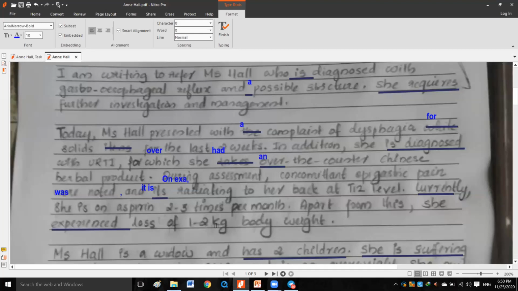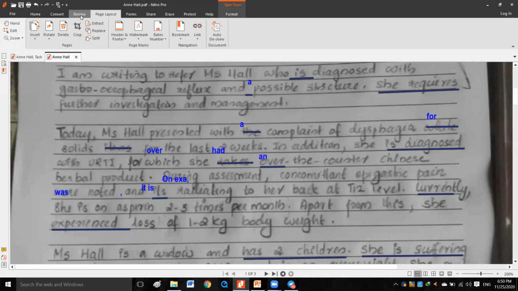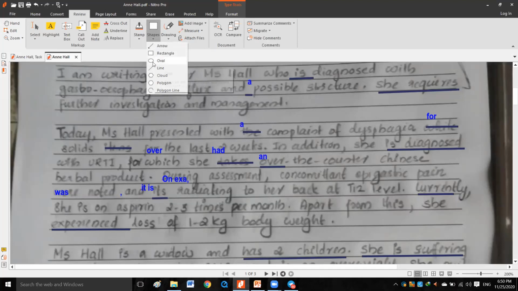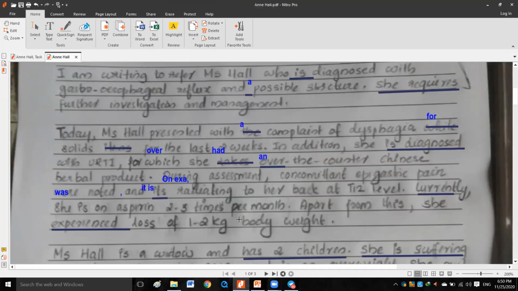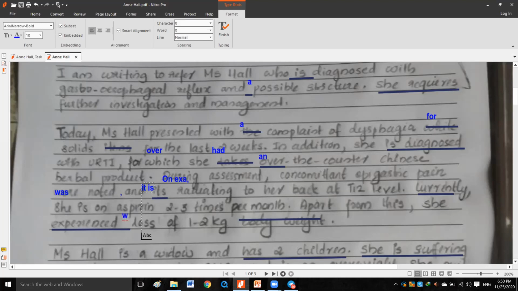Weight loss of 1 to 2 kilograms, without mentioning body weight this way. So you can add weight loss of 1 to 2 kilograms.